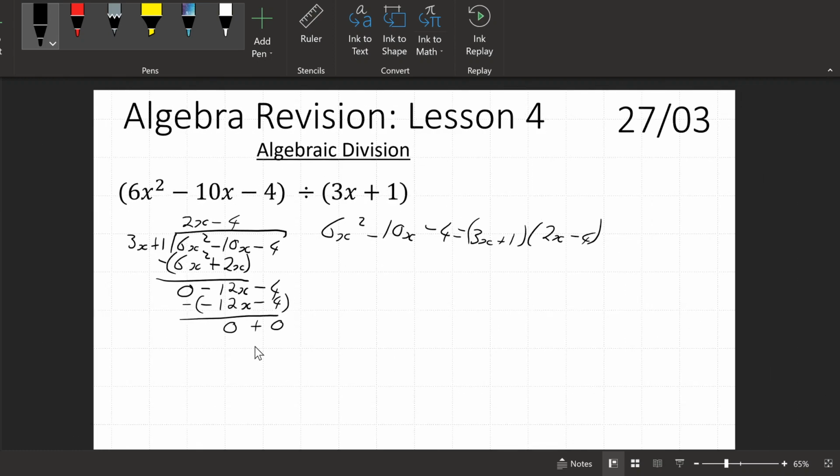the very end, either two things has happened. One, the first thing that could have happened is you might have just made a mistake. Look through your work. If you haven't made any mistake, what you have actually discovered is that this is not a factor of this. So this is one of the ways in which we can test if a linear expression is a factor of a quadratic expression.